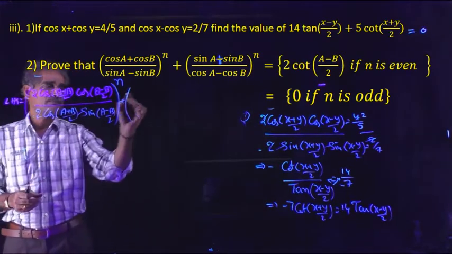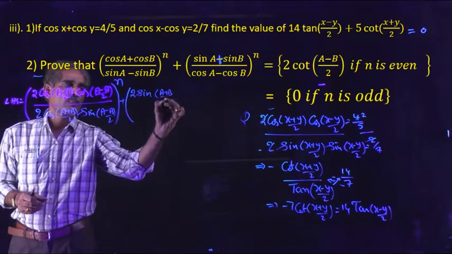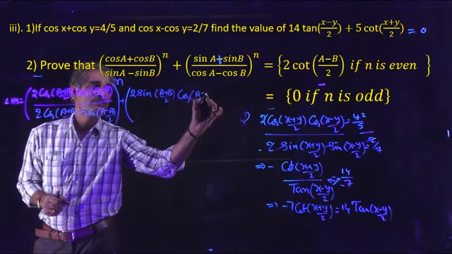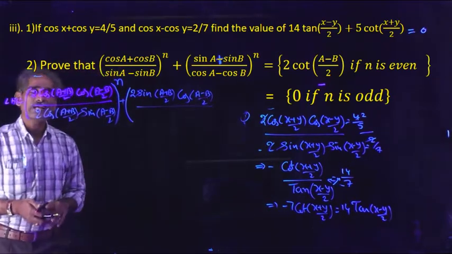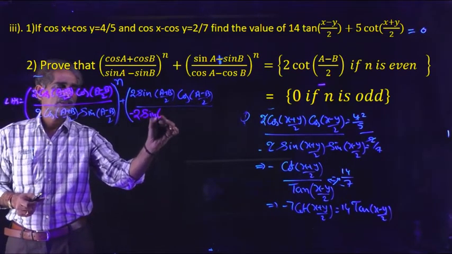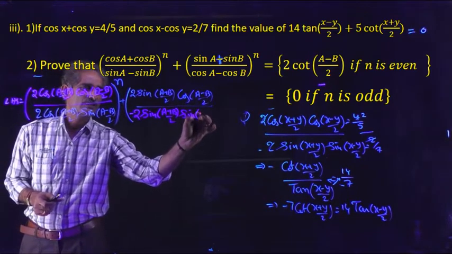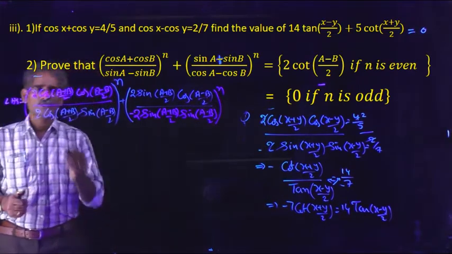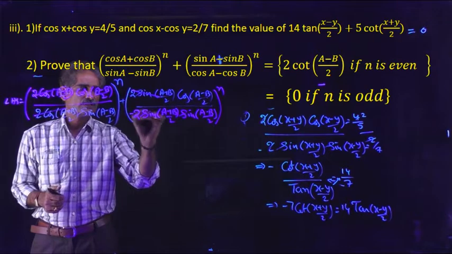Sin C + sin D is 2 sin((C+D)/2) cos((C−D)/2), divided by cos C − cos D, which is −2 sin((C+D)/2) sin((C−D)/2). These two terms are common, so they get cancelled. The first two terms here also get cancelled.